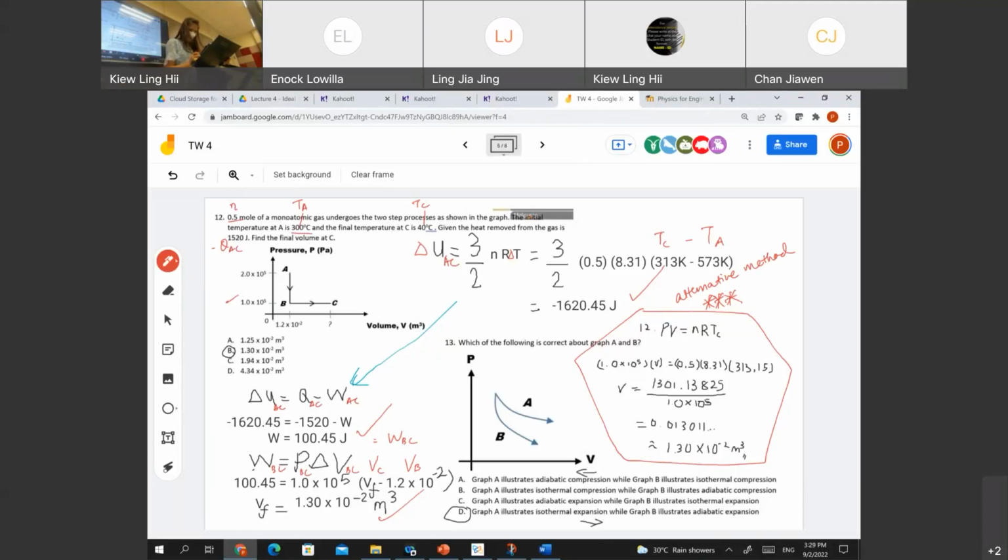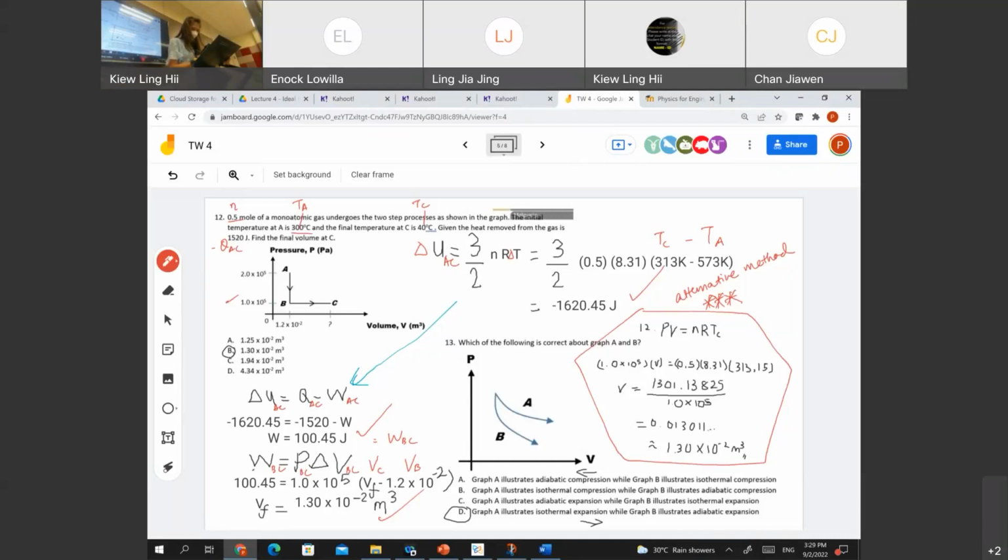Okay, move on to continue with question 13. So it is either isothermal or adiabatic. So which one is isothermal, which one is adiabatic? The steeper one will be the adiabatic. So if you compare the gradient between A and B, this one is steeper, right?